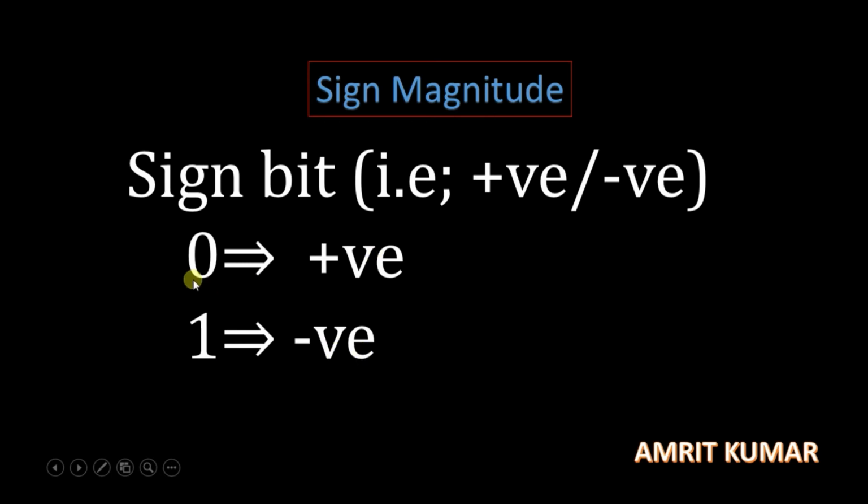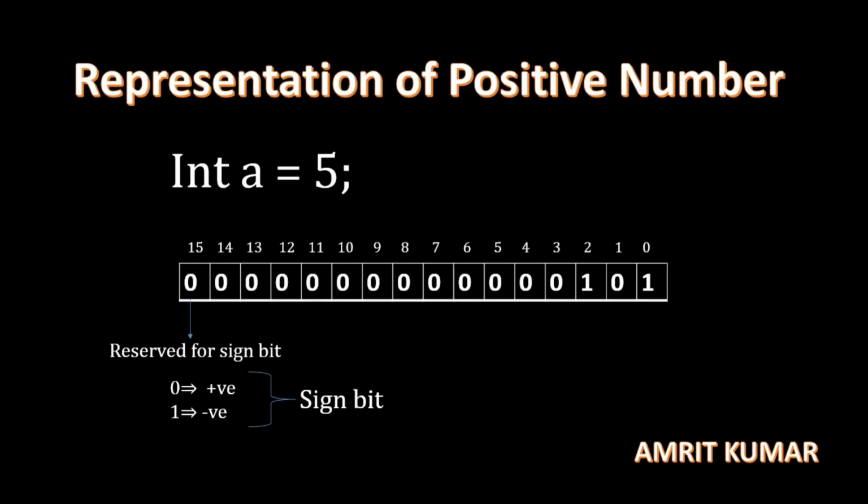Because the computer understands only 0 and 1, we use this convention, knowing that 0 indicates a positive number and 1 represents a negative number in C language. This is how we can find whether a number is positive or negative.